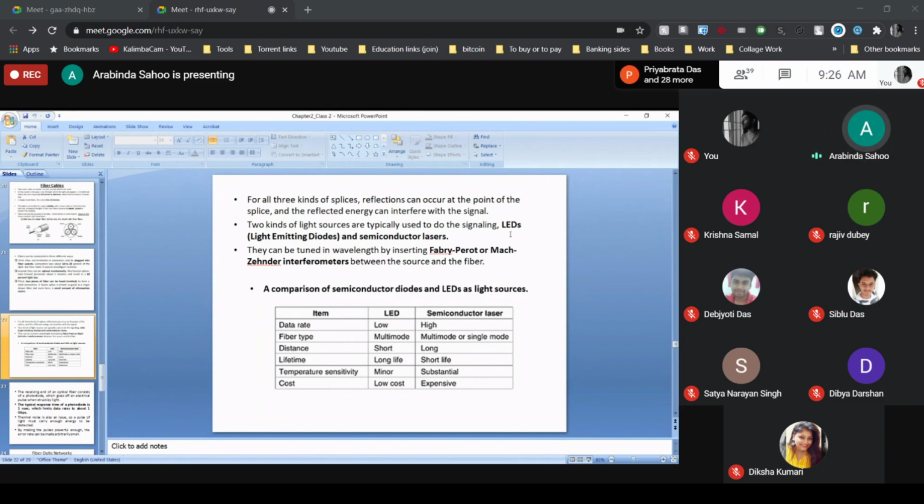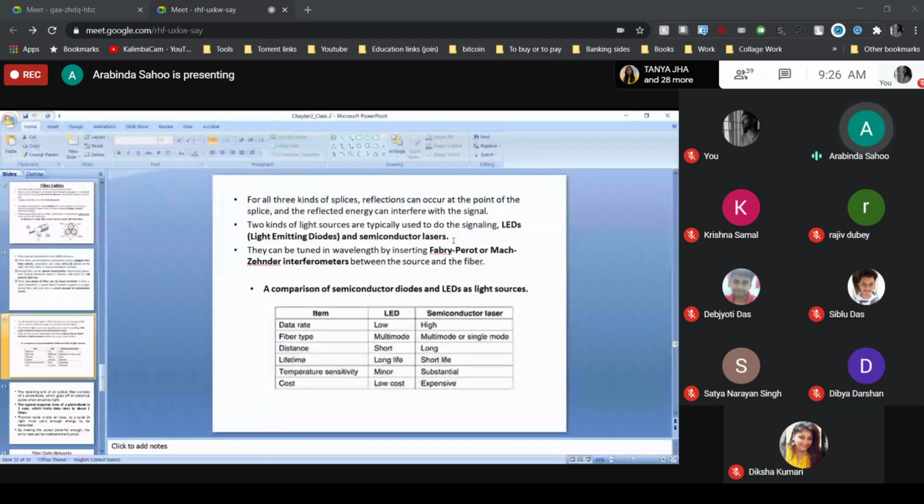These are the two light sources normally used to do signaling in fiber optics.